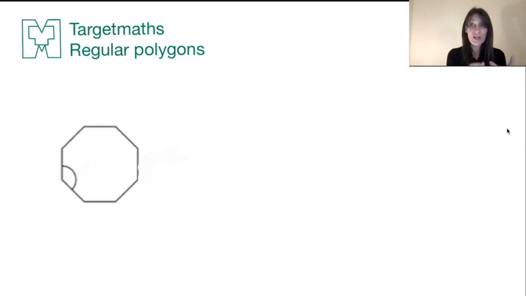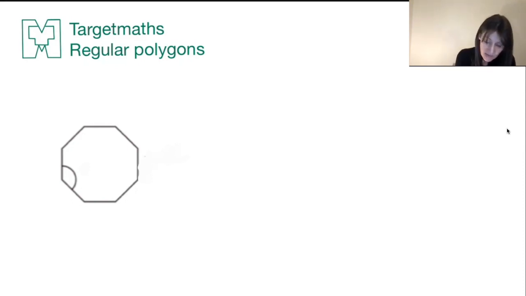All right, so we are looking at a regular polygon. That is an 8-sided shape. It's an octagon, so it's a regular octagon. The difference between regular and irregular 8-sided shapes isn't their name. They're both octagons. It is the fact that the angles and the edges of regular shapes are equal.